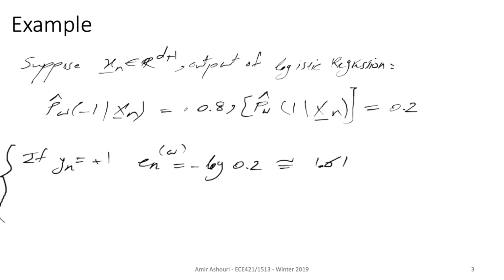So when you compute the loss function, you're going to have 1.61 in the case of +1, which is fairly higher than 0.22 for the other case, which was -1, where you gave it higher probability, right? These two should make sense. When you give a higher probability to a certain feature space, and the true label was correct, in the sense that it was +1 and you predicted +1, or it was -1 and you predicted -1, you're going to have a variance between your loss functions.